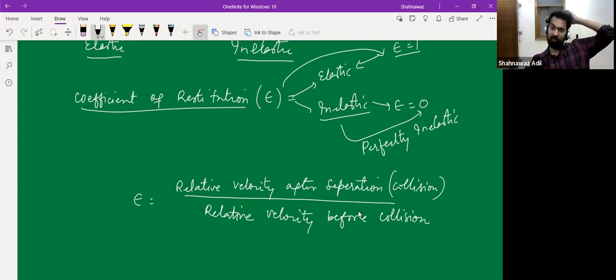As I talked about in Newton's laws of motion, or rather in motion in 2D, I talked about the relative velocity.